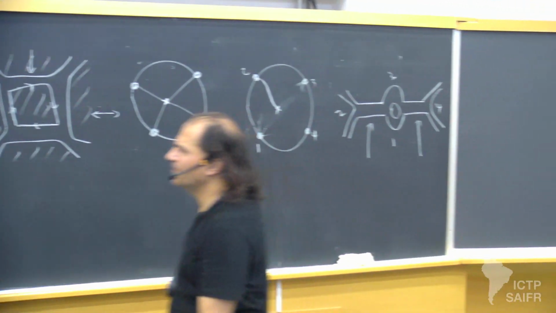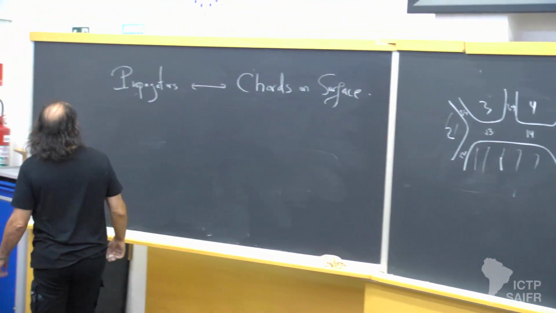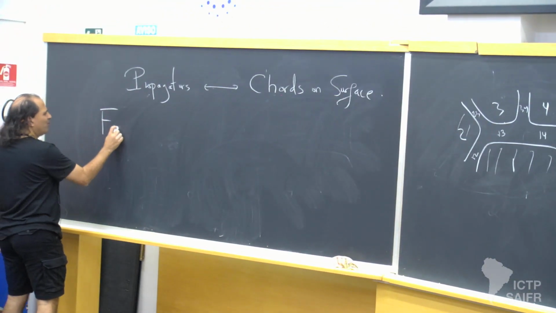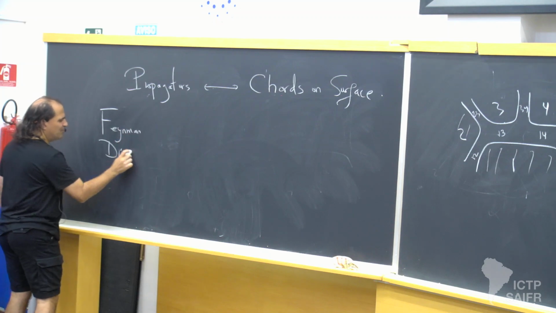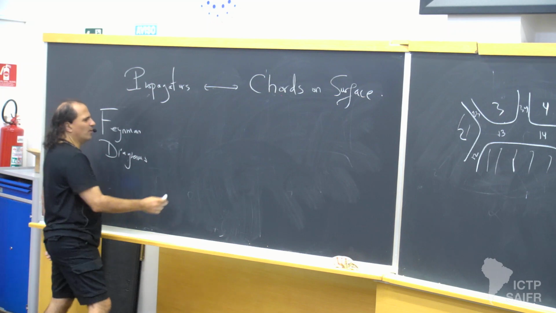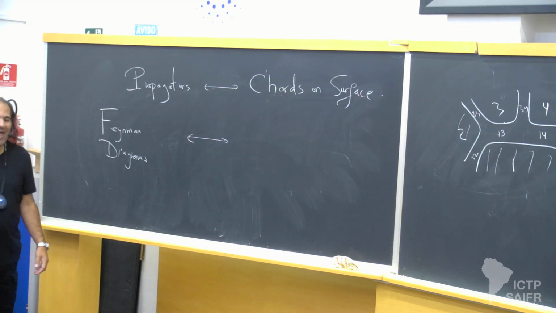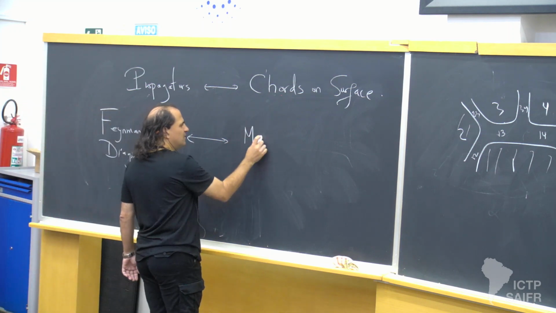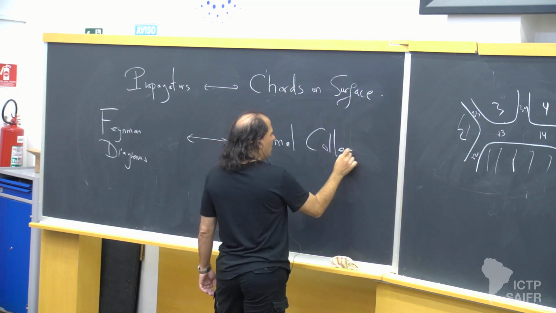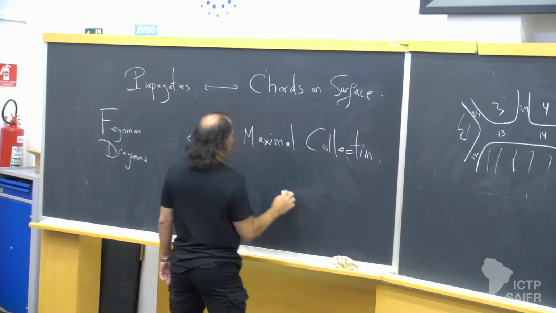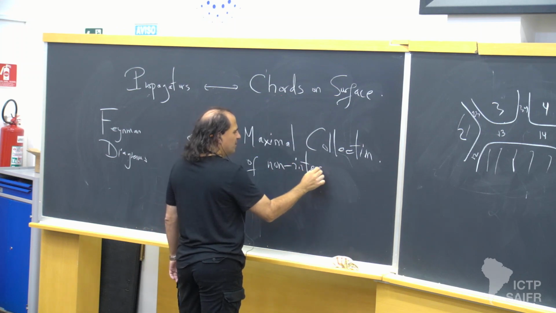All right. What are Feynman diagrams? So Feynman diagrams also have a nice interpretation. I'm just translating things back and forth. Feynman diagrams are associated with a maximal collection of non-intersecting chords.